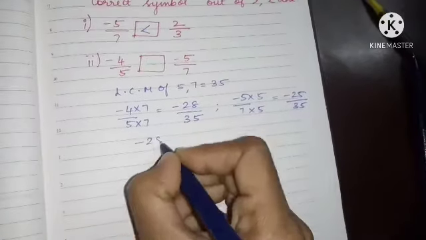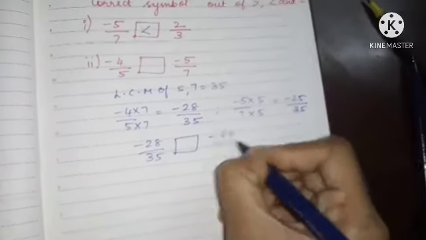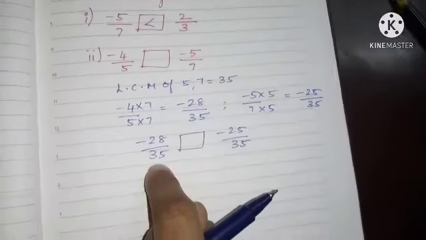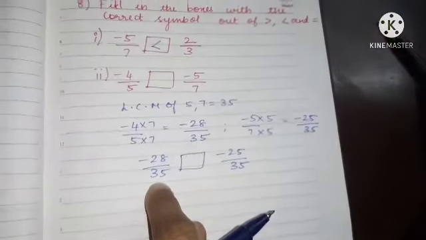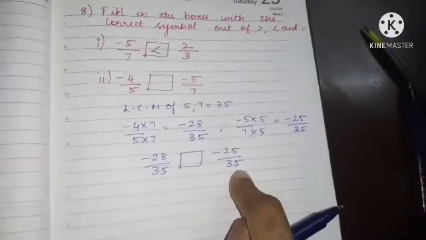So instead of minus 4 by 5 I have written minus 28 by 35, and instead of minus 5 by 7 I have written minus 25 by 35.